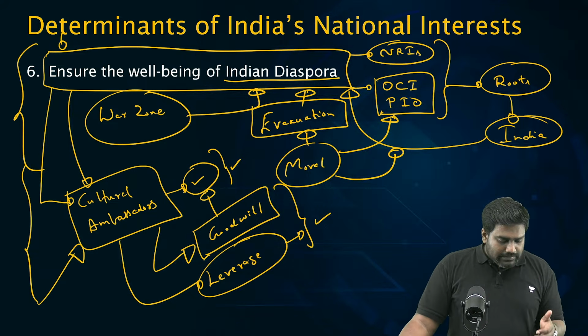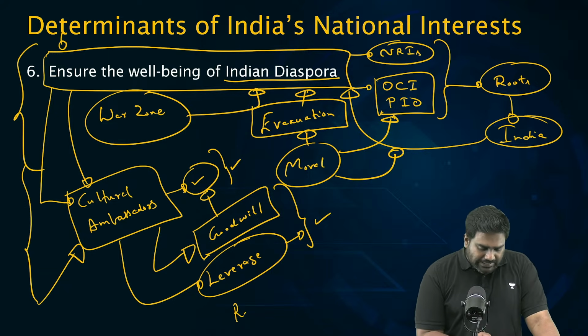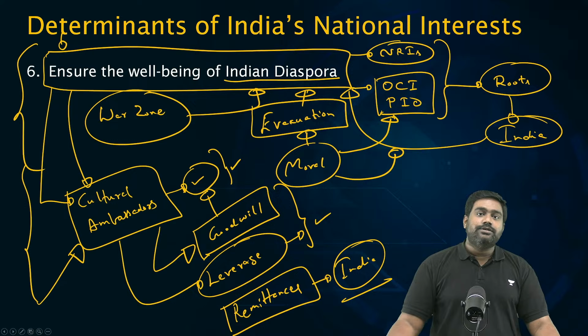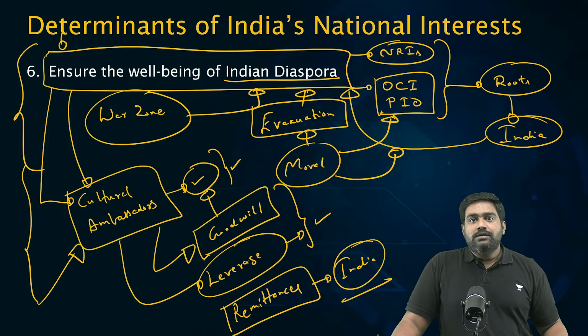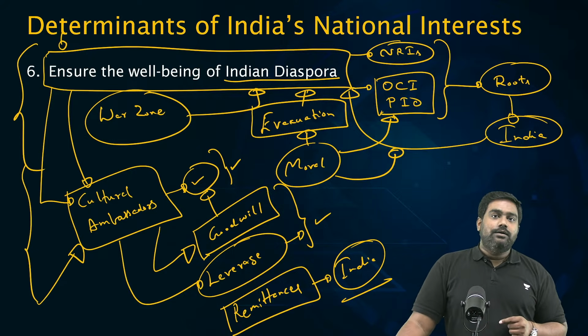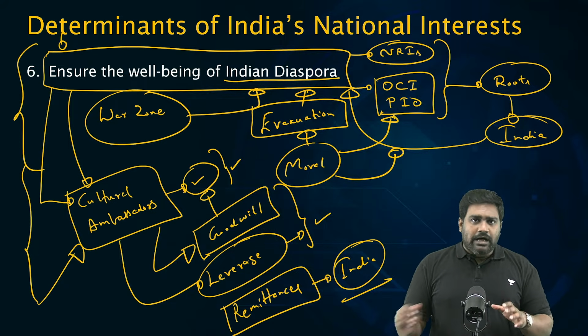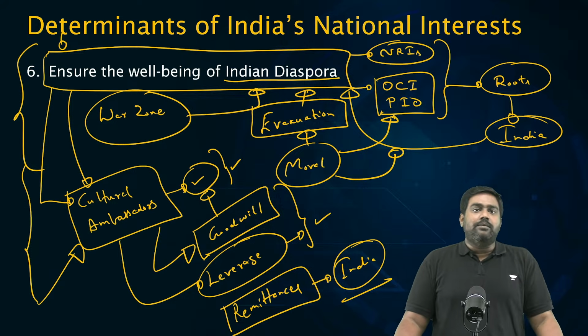And don't forget, the Indian community sends back remittances. The money they earn, they send it back to India to their families who are back in India. The inward remittances we get have become a crucial part of the Indian economy. Are you aware of what volume of remittances we receive?